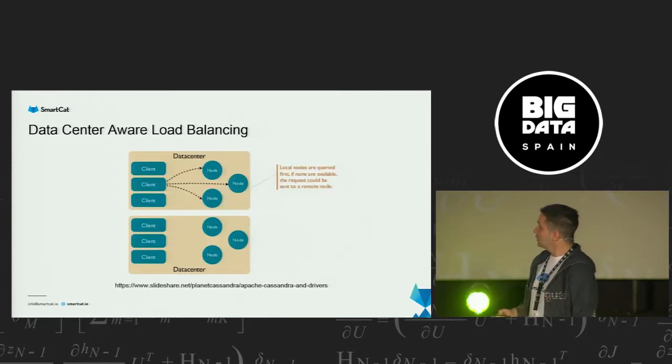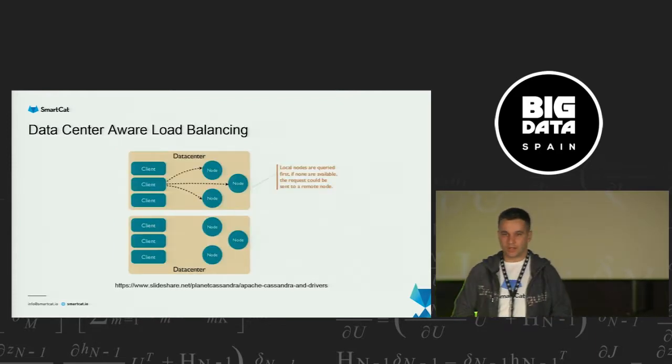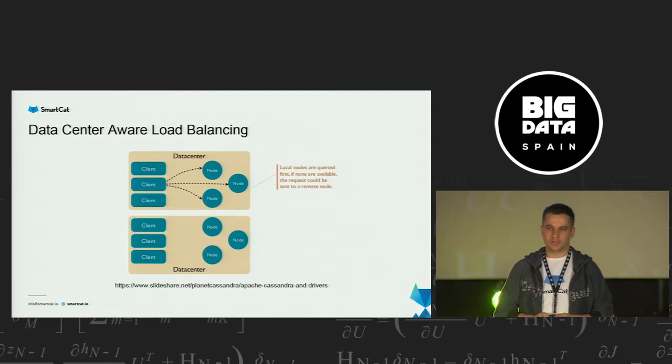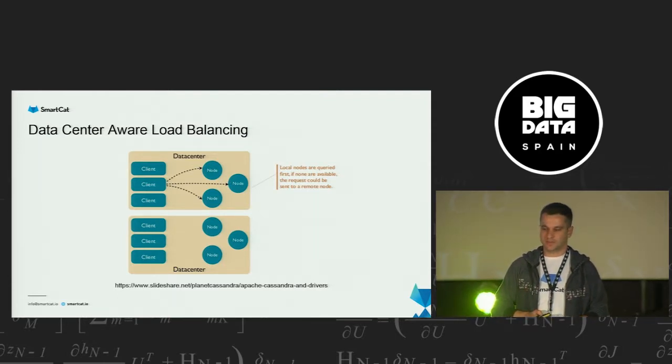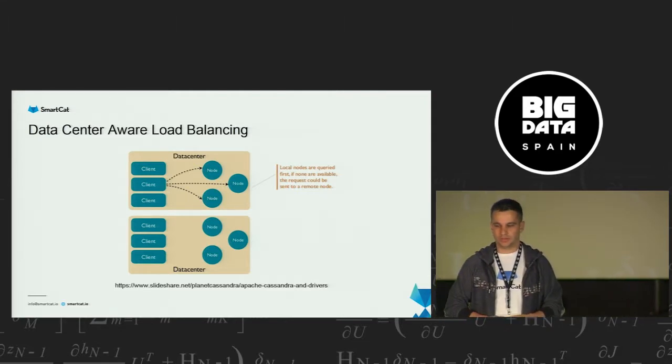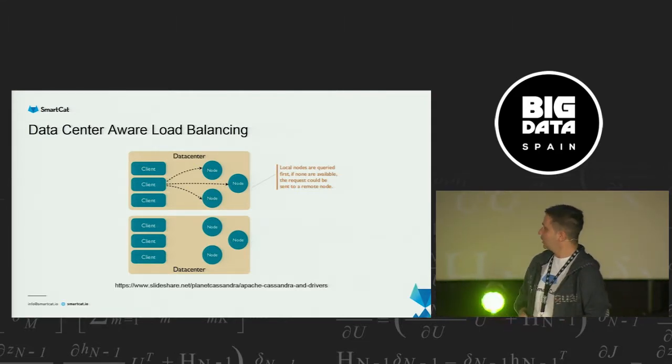By default, you get data center aware load balancing policy, which is cool because you will always get a response from a local node, in the local data center. There are ways to configure what is local and what is remote for your application.